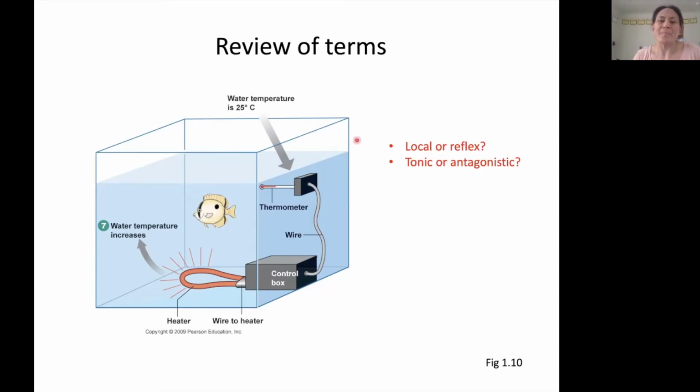Take a look at this example and tell me whether you think it's a local or a reflex control system, and whether you think this is tonic or antagonistic control. Okay, so go ahead and hit the pause button. Okay, welcome back. We will be discussing your answers to these questions when we meet up in class.